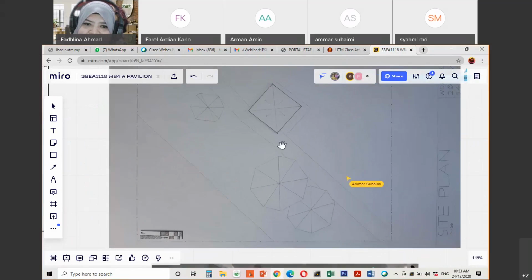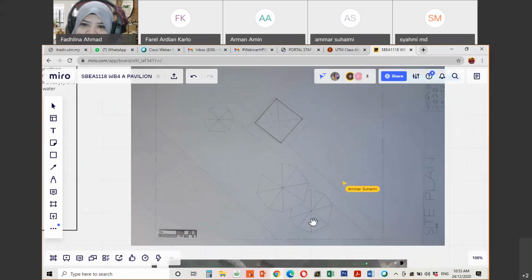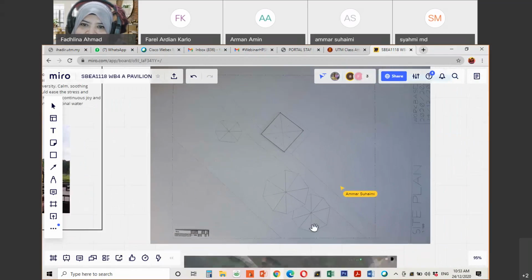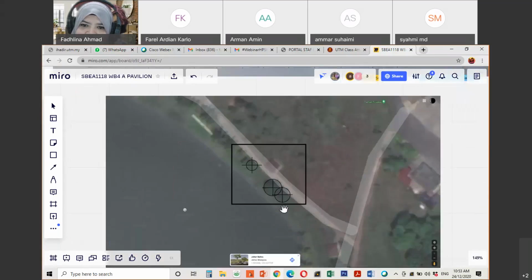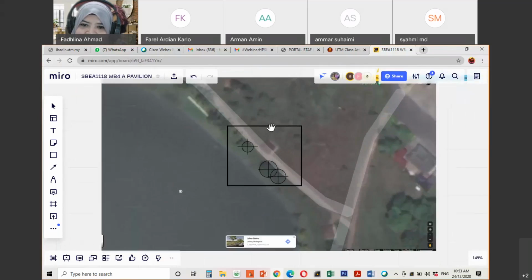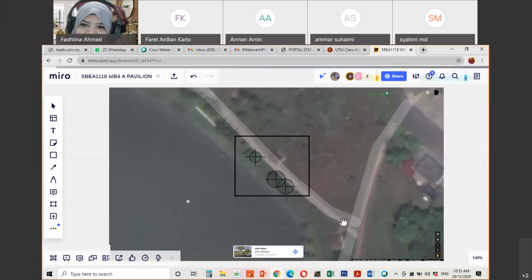Farrell, what have you done? I did the site plan for Site B. If you go down, there's an image from Google Earth. The area was too big, the image size is too big for me to redraw on A3.